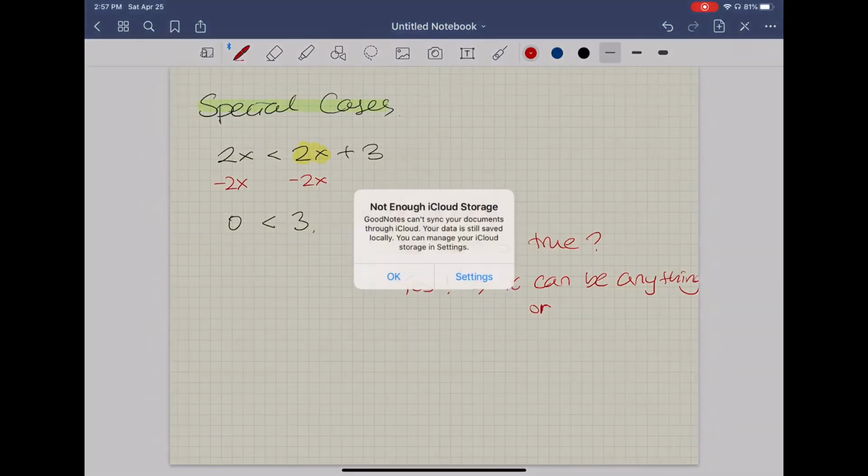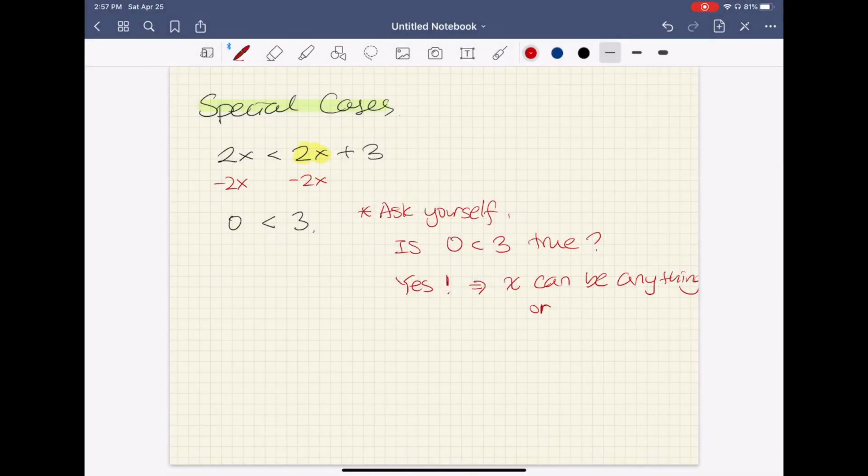It means that the statement always holds, regardless of what x is. So it doesn't matter what x is, your inequality is always true.